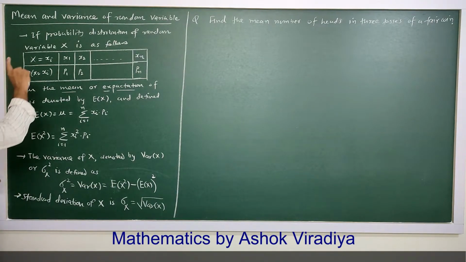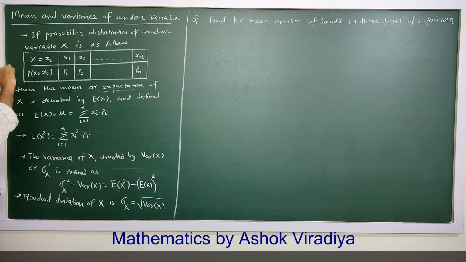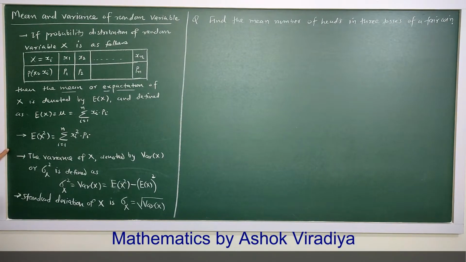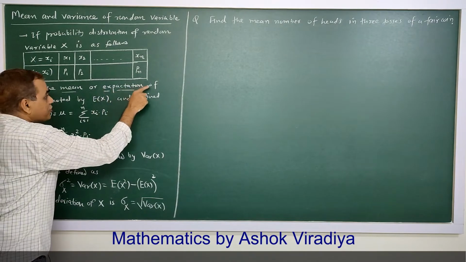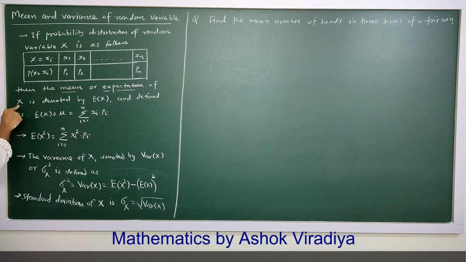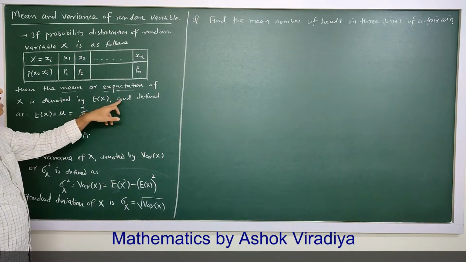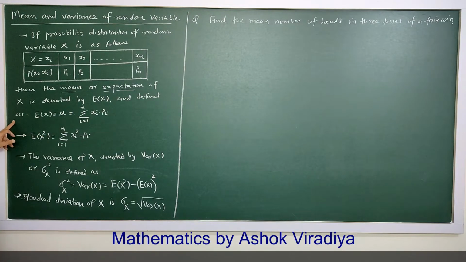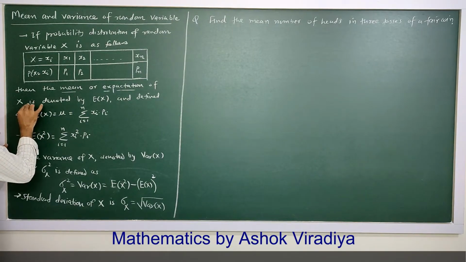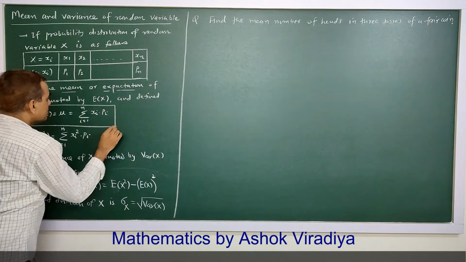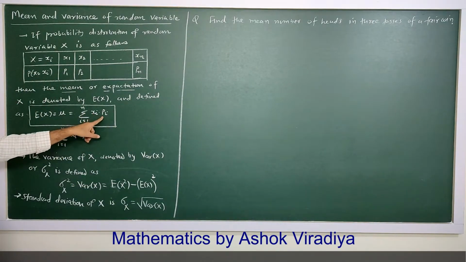Now after finding a probability distribution, the next procedure is this. The mean or expectation of random variable x is denoted by E of x, and it is defined as E of x equal to sigma xi into pi.